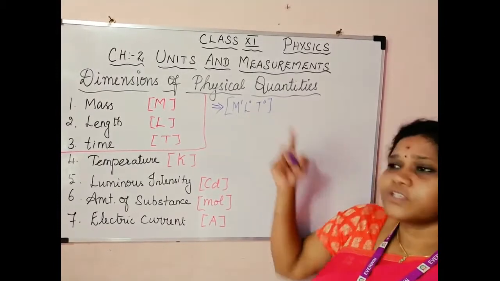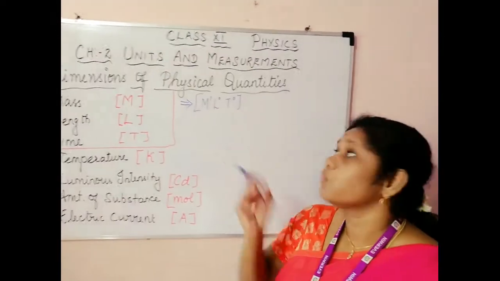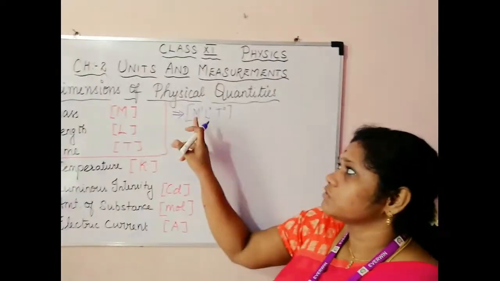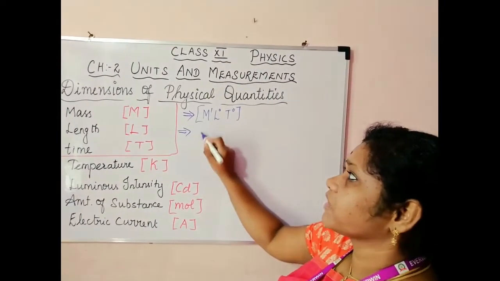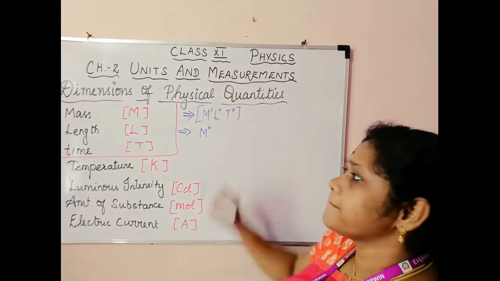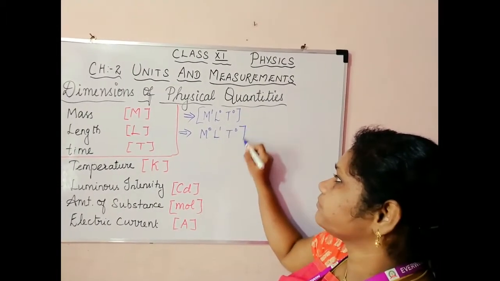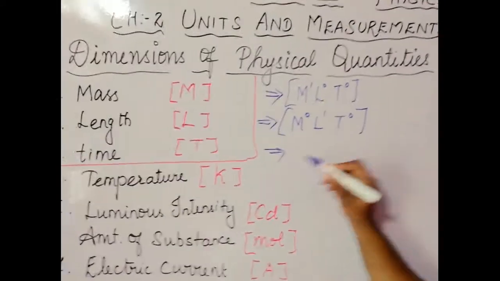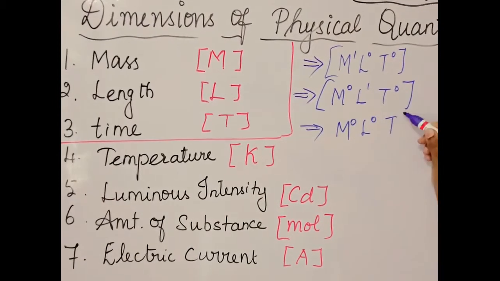L power 0 is nothing but 1, and T power 0 is also nothing but 1, which will not change the value of mass. Similarly for length, M power 0, L power 1, T power 0. And for time, M power 0, L power 0, T power 1.